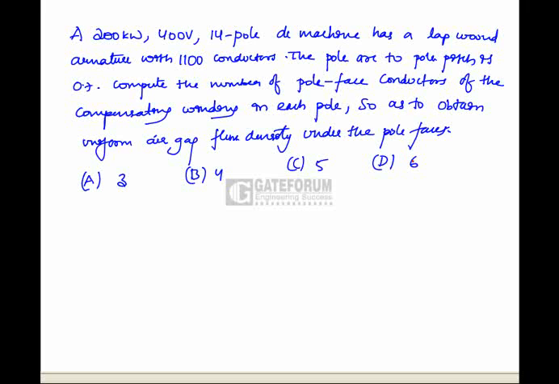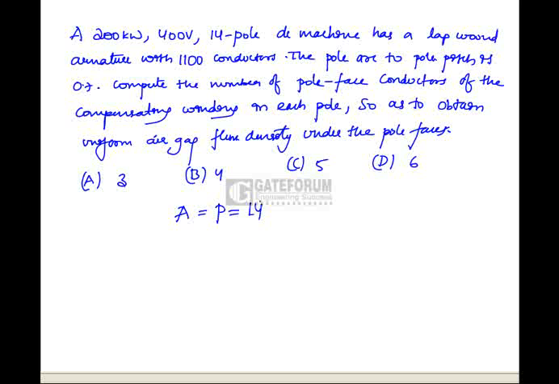A 2000 kilowatt, 400 volts, 14 pole DC machine has a lap wound armature with 1100 conductors. This is a lap connected armature, so the number of parallel paths A is equal to the number of poles P, which is equal to 14.